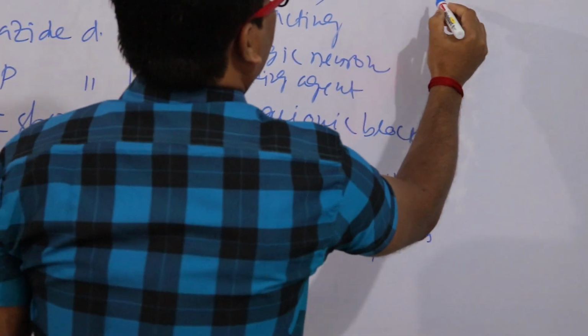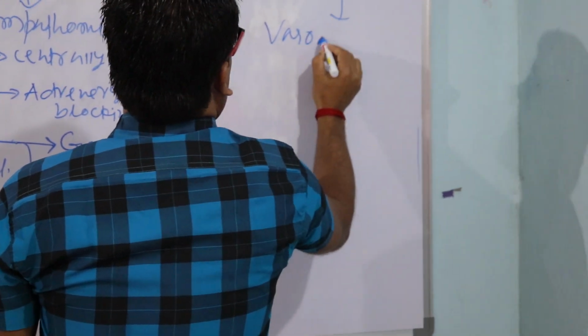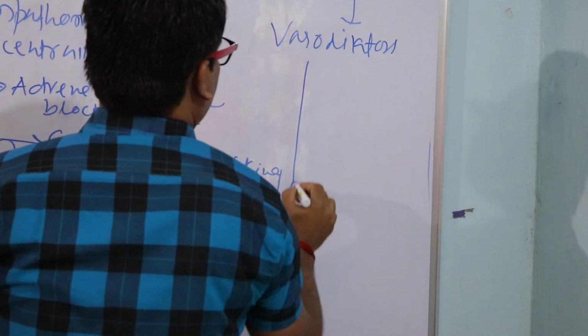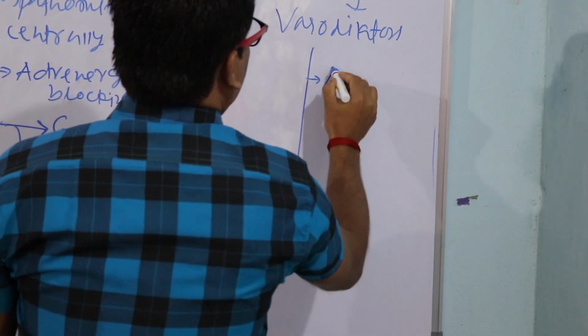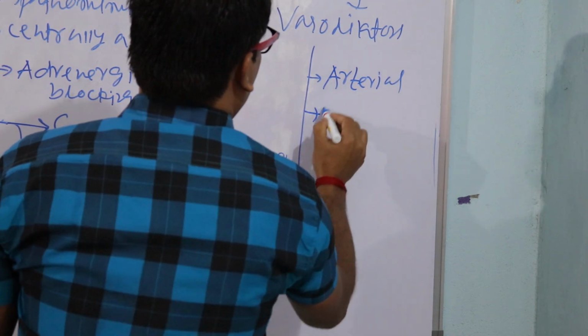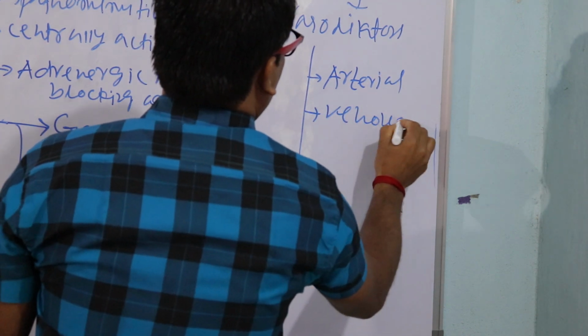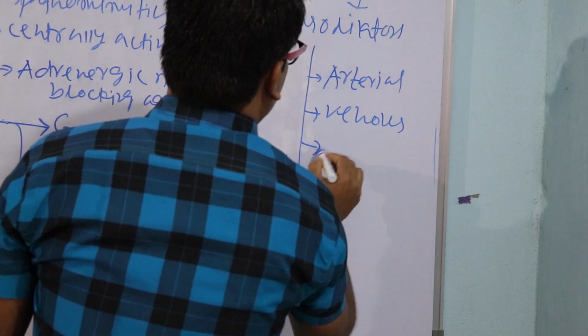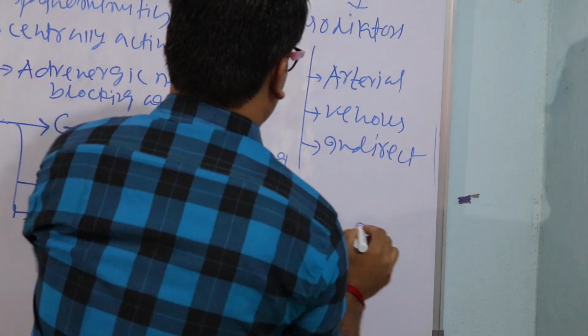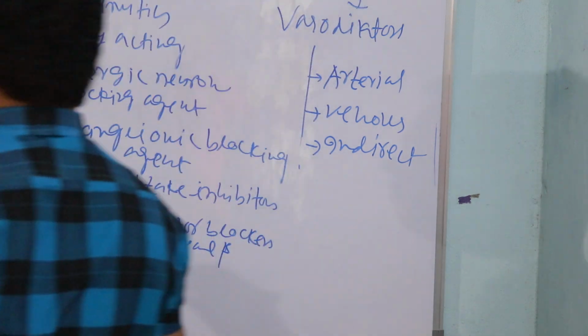Next, vasodilators. They are again classified in the following groups: arterial vasodilators, venous vasodilators, and indirect vasodilators. So let us start.